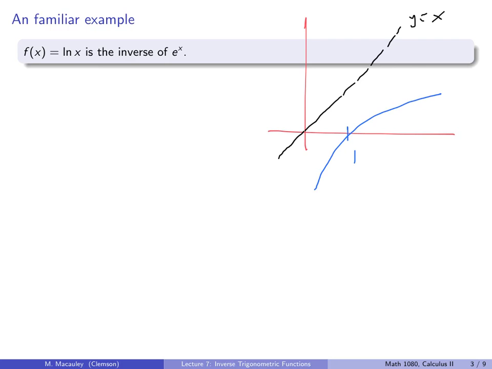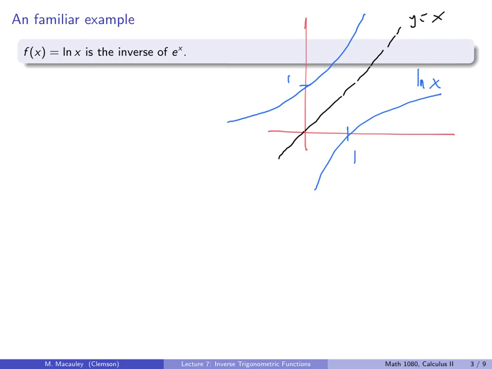This is the natural log of x, and then the exponential function looks like this, and this intersects at 1 as well. And of course, this is a horizontal asymptote, and this is a vertical asymptote.